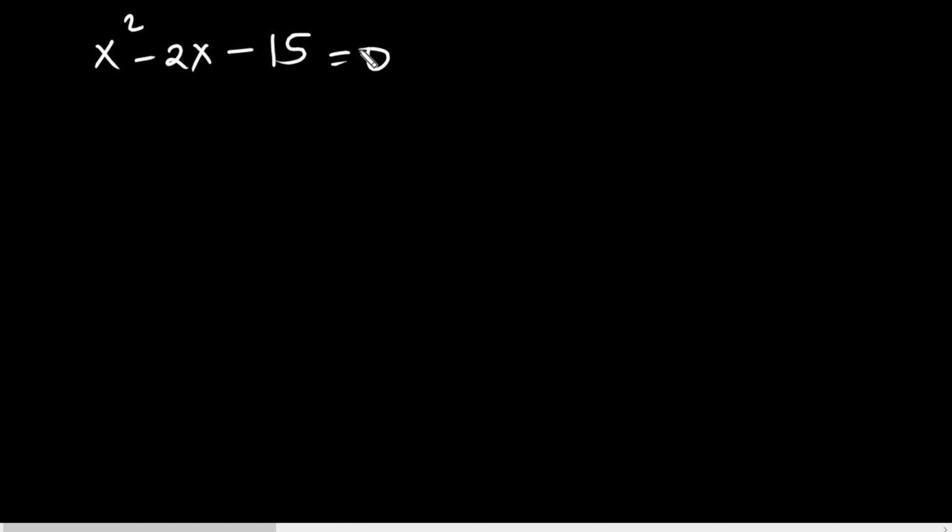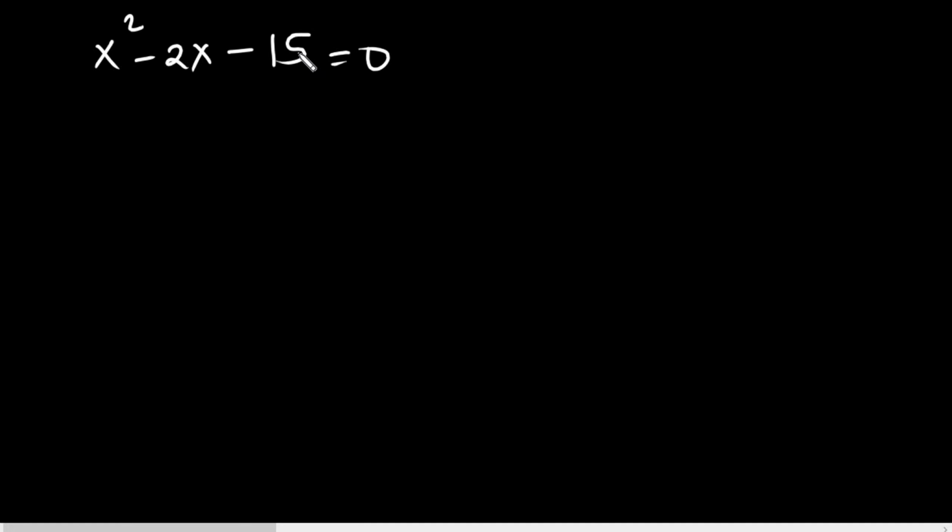I know one can also use factorization method to solve for this one, because you can easily get the numbers that have a sum of -2 and a product of -15. But I want us to use the completing the square method, and then we can compare it with the factorization method and see that they still give us the same answer.